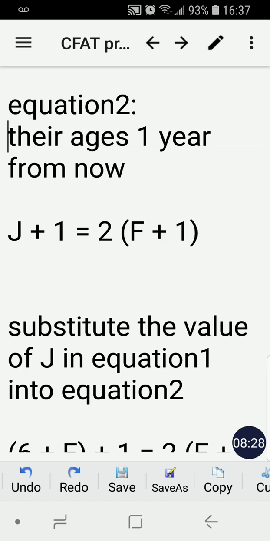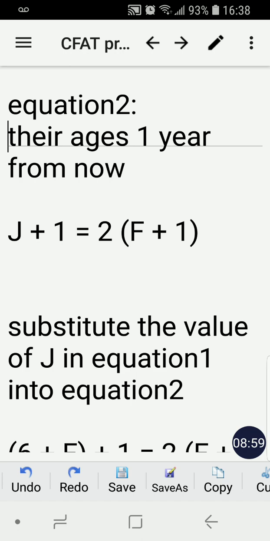So we get J plus 1, that's Jaden's age 1 year from now, is equal to 2 times the quantity F plus 1, with F plus 1 representing the age of Florence 1 year from now.